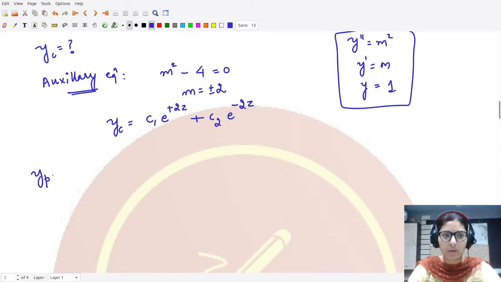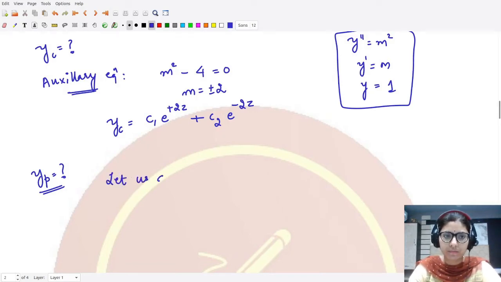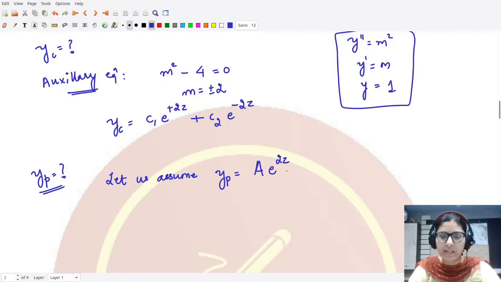Now talking about the particular solution, you see the right hand side was e to the power 2z here, right? For this right hand side, let us assume, because whenever you have e to the power something, you assume a particular solution of a similar kind. So you say some constant a multiplied with e to the power 2z only, the same function, right?